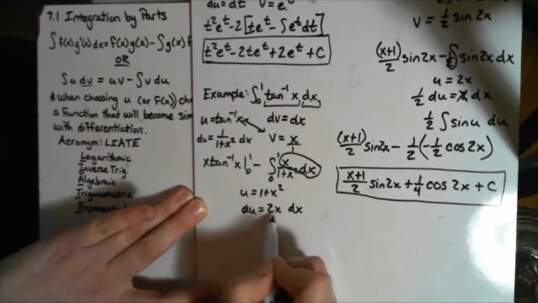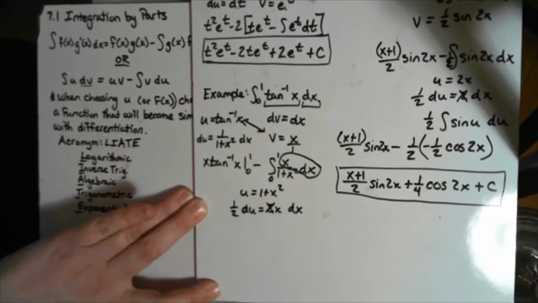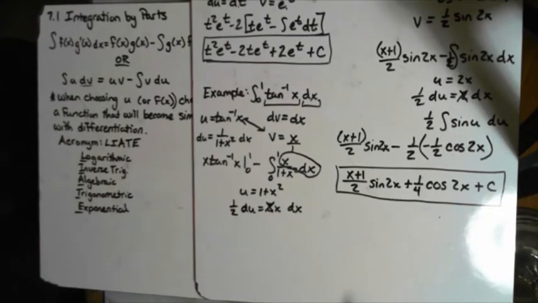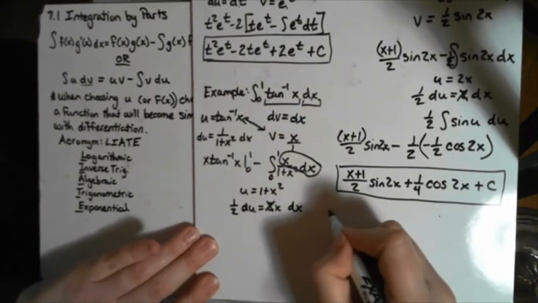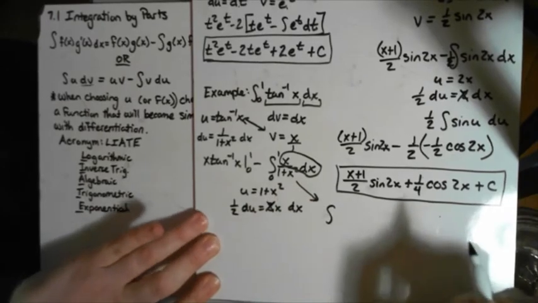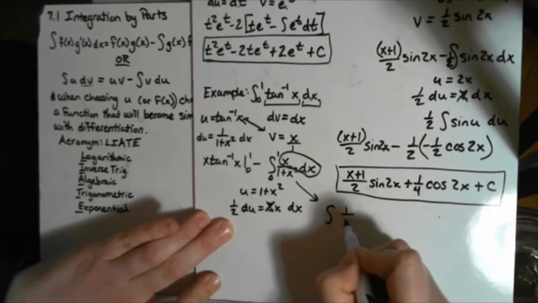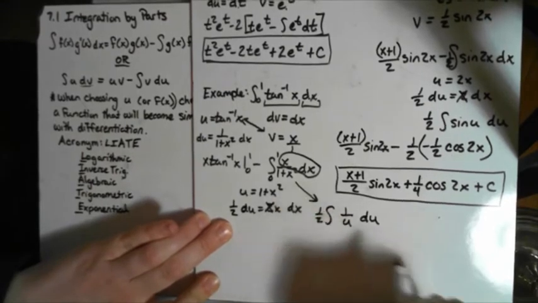But the 2 is in the way, so I have to divide by 2 on both sides, and I'm allowed to do that because that's a constant. So now I can do substitution there. So this integral becomes the integral, I'm going to do it over here, of 1 over u du with a 1/2 in front.